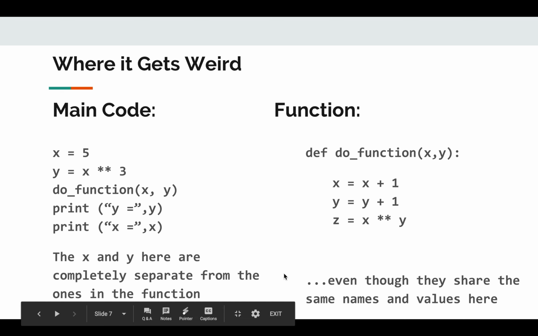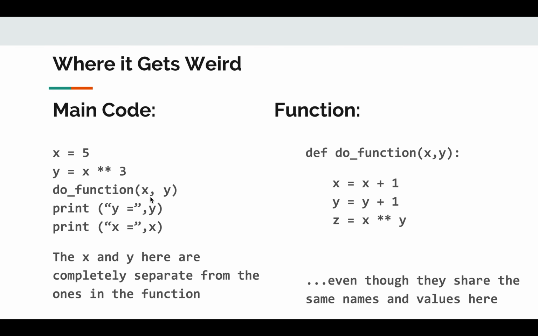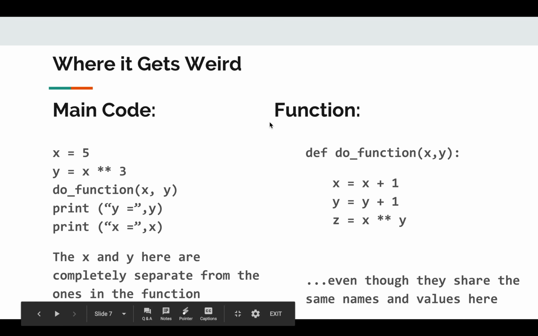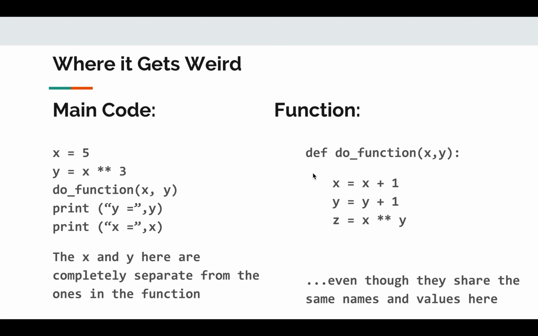These x's and y's, even though we sent them some values, are still different. It's again the same thing. There's like a line between your function and your code, and you can pass values, and those values get stuck into labels, but those labels can have the same name.